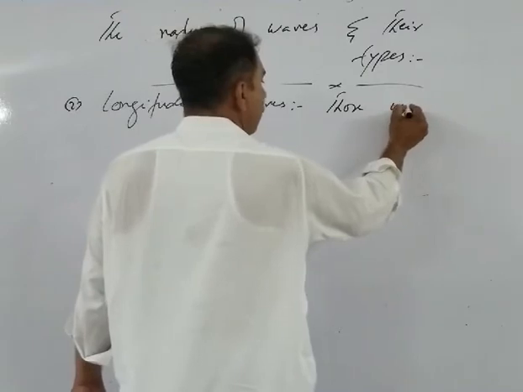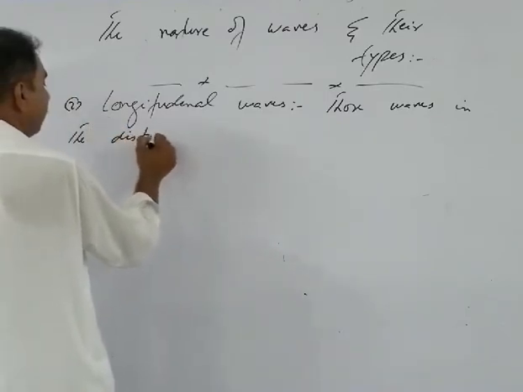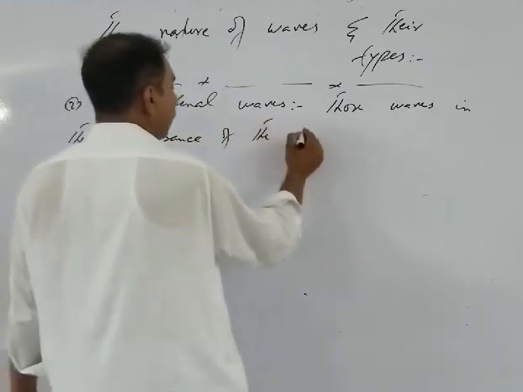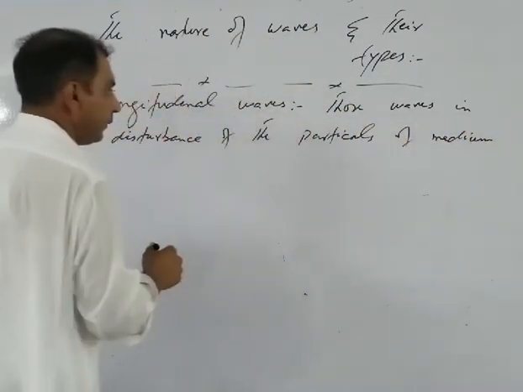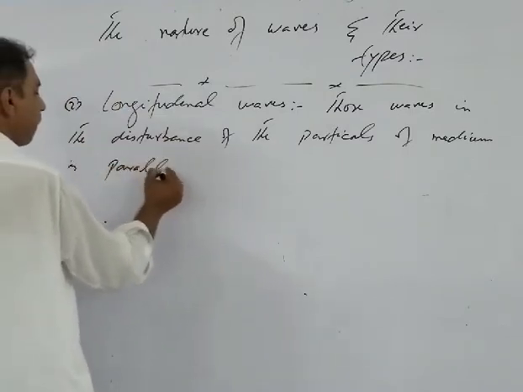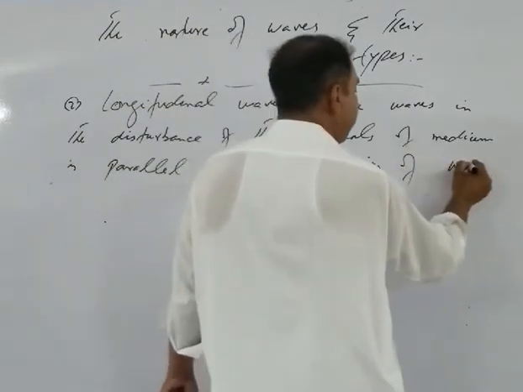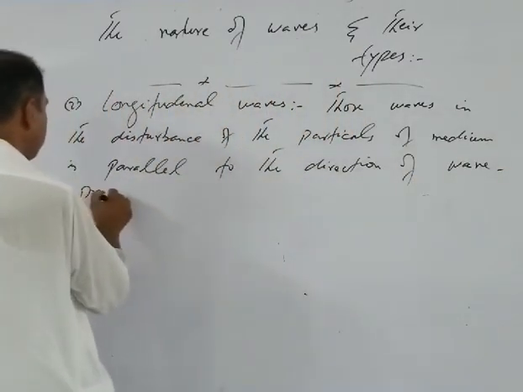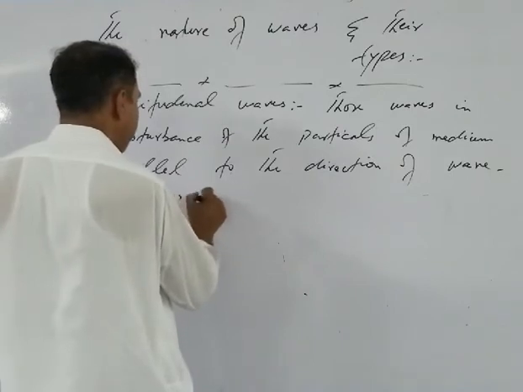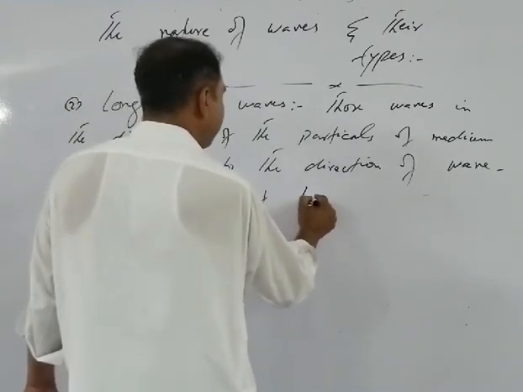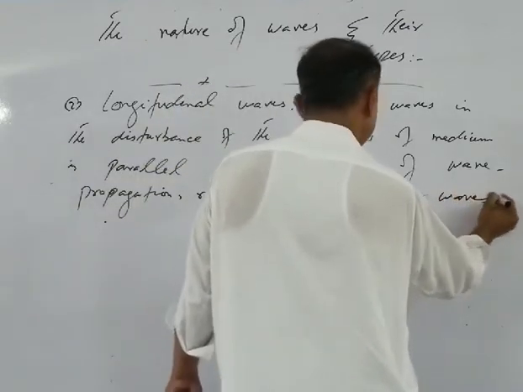Those waves in which the disturbance of the particles of medium is parallel to the direction of wave propagation, that is wave motion, represent longitudinal waves, as shown in figure.